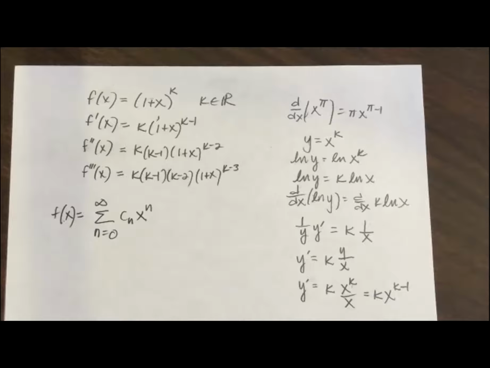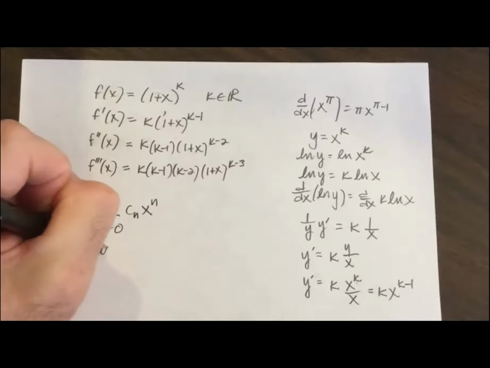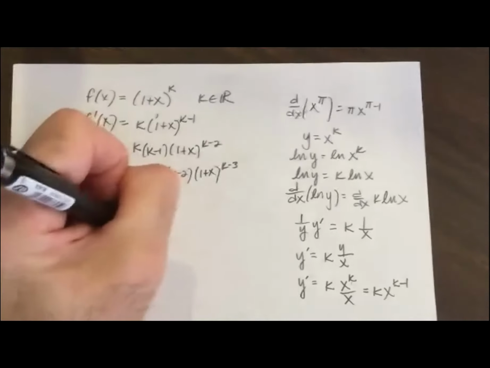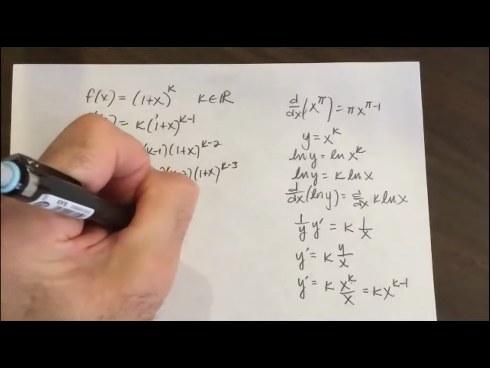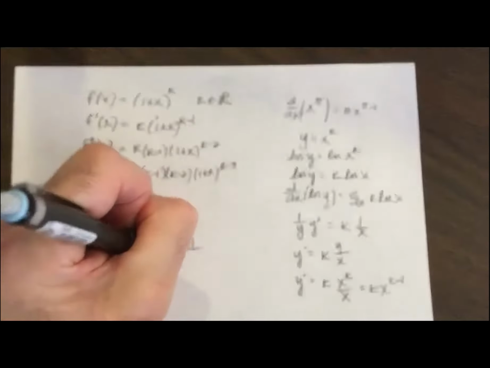But for a Taylor polynomial, we know how to find the constants. So how do I get the constants? You take the nth derivative at a, and divide by n factorial.